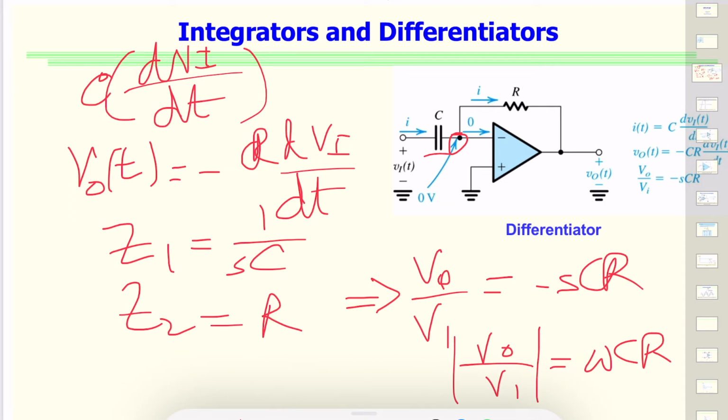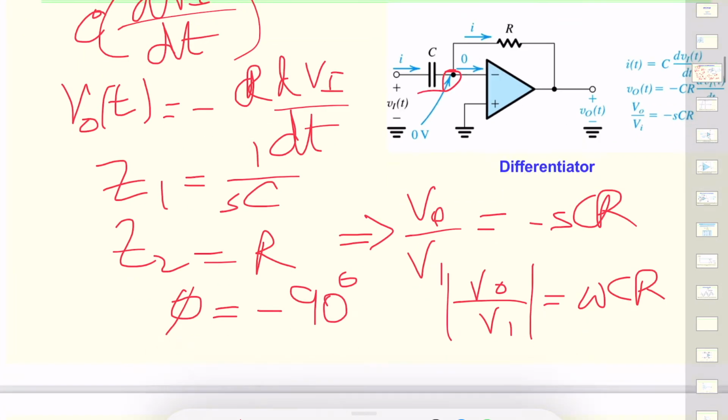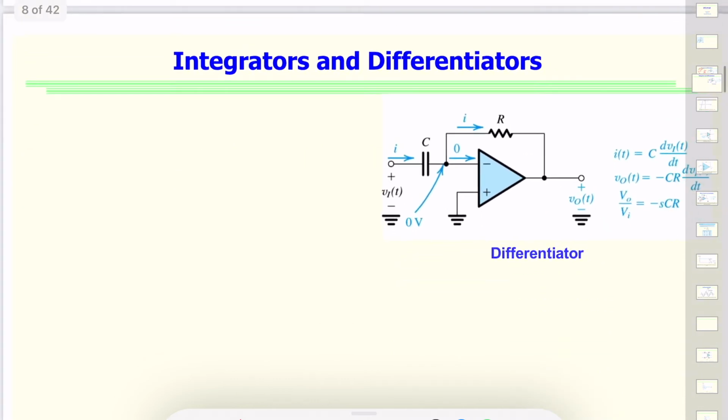So the Bode plot for this also has a similar change, but the octave-based change is now in the opposite direction. Let me just say something about the phase also. Now this would be minus 90 in this case. Now what happens to the change of signal with respect to time? So we know that this signal is increasing as omega is increasing.